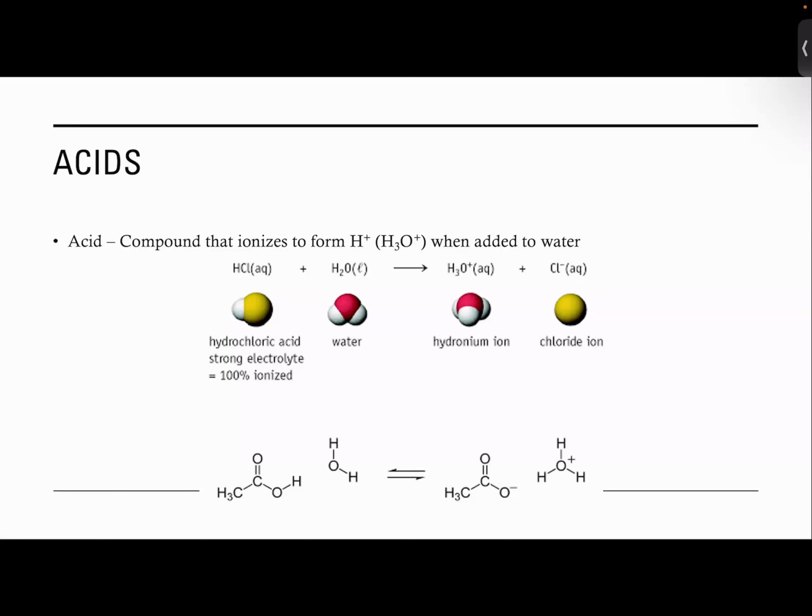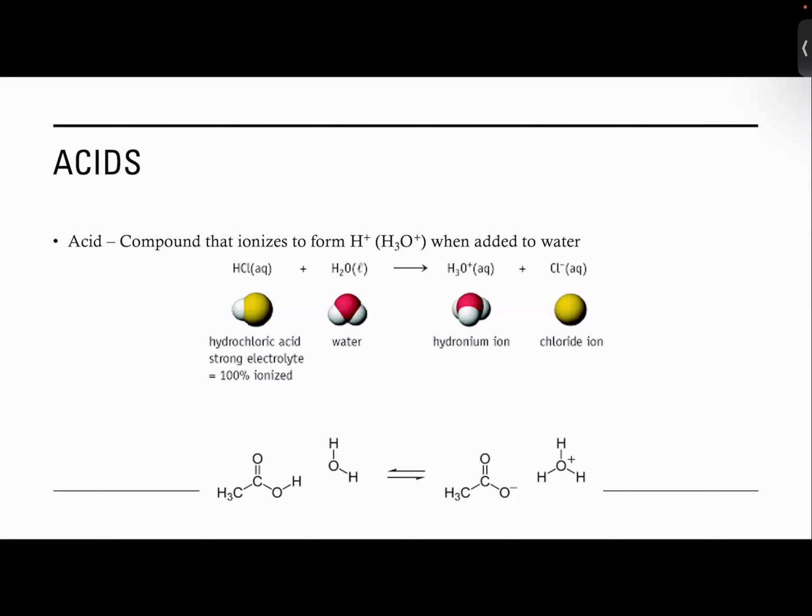So again, an acid is going to be a substance that makes an H plus when added to water. We use this H plus and this hydronium interchangeably, understanding that you can't have a free floating proton, and therefore the proton has combined with water to make hydronium.